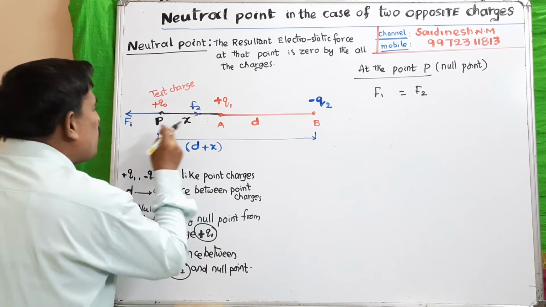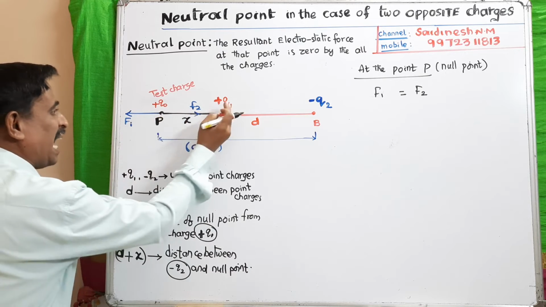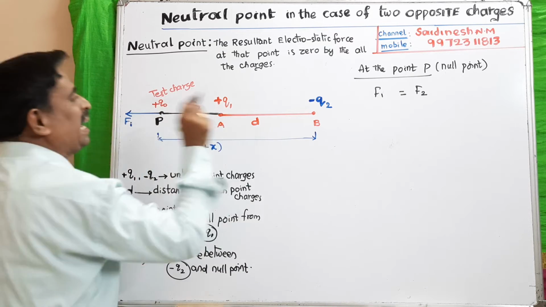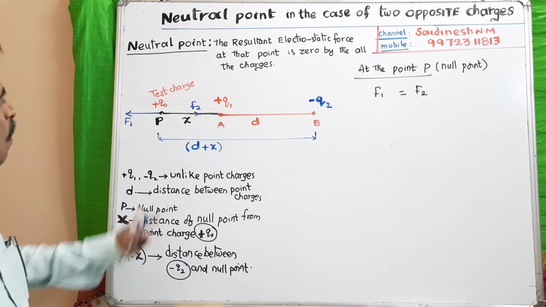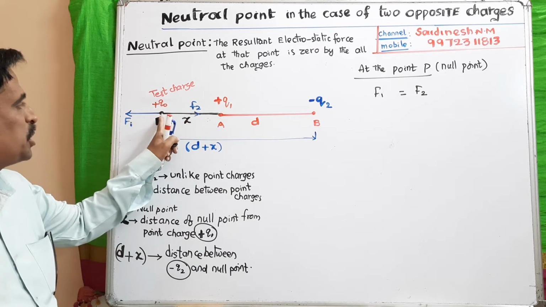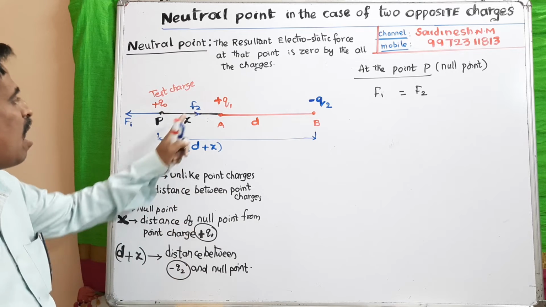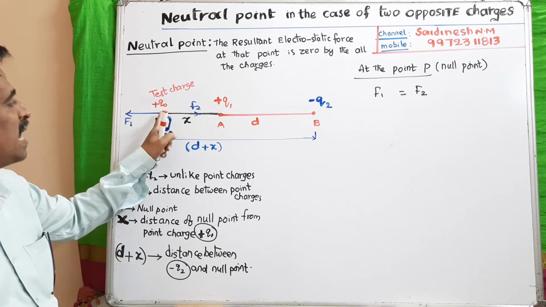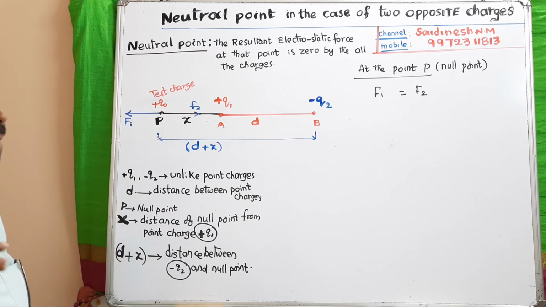Here F1 is acting along the AP direction, F2 is acting along the PA direction. Both are equal in magnitude and opposite in direction, so they will cancel each other. Resultant force at the point P is 0.